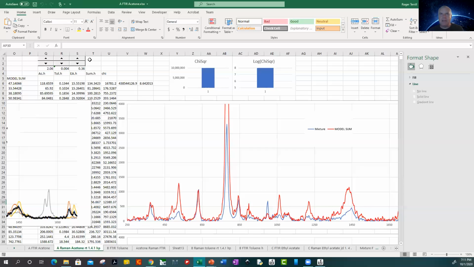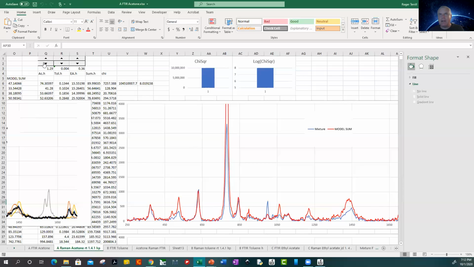So basically what I'm saying here is that you can take this blue spectrum and match it to the red one by tweaking these three amounts, you know? When you do this and you start getting it closer to correct, then chi-squared will start to come down, right?